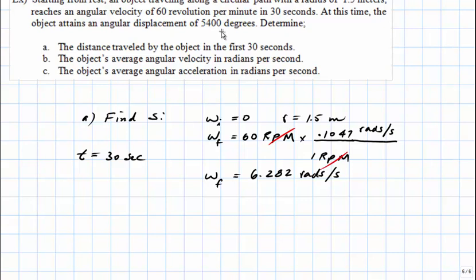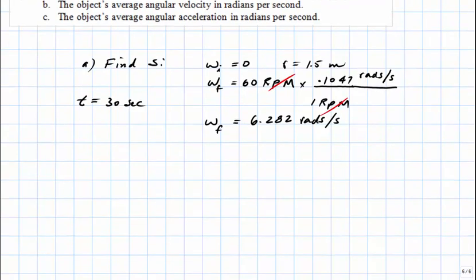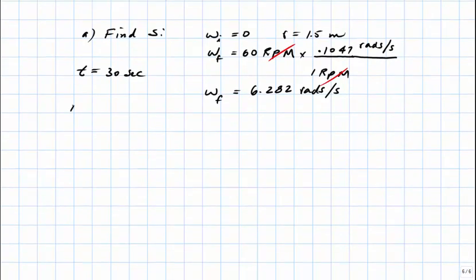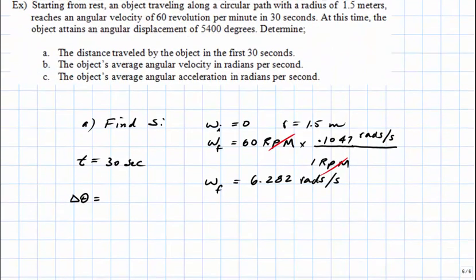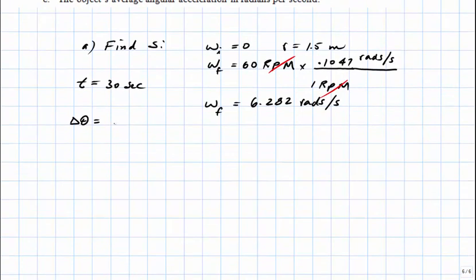Now, as we mentioned earlier, degrees are also an inappropriate unit. They have to be converted to radians. Now, the question now is, which variable represents angular displacement? And as we discussed earlier, the answer to that is delta theta. Delta theta is given as 5,400 degrees. And that needs to be converted.